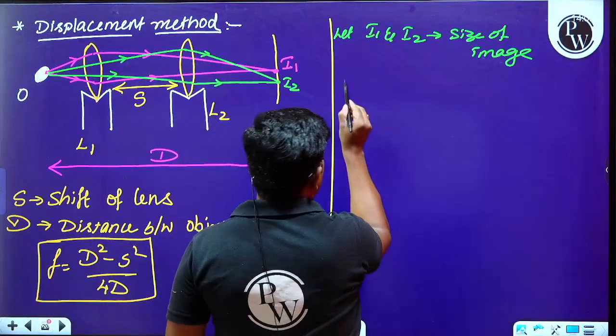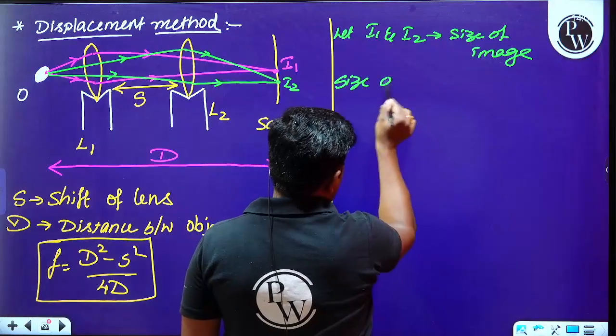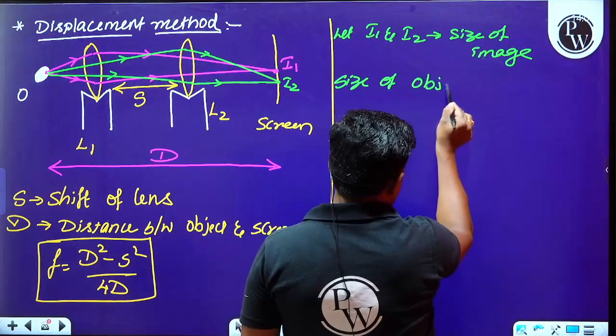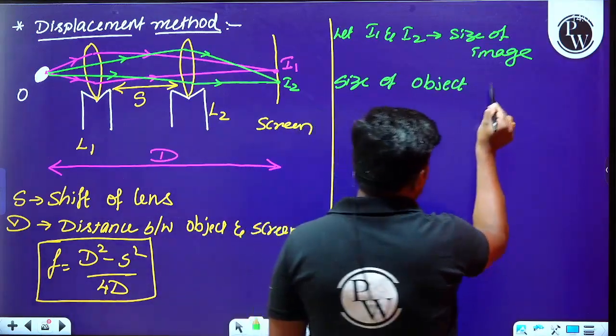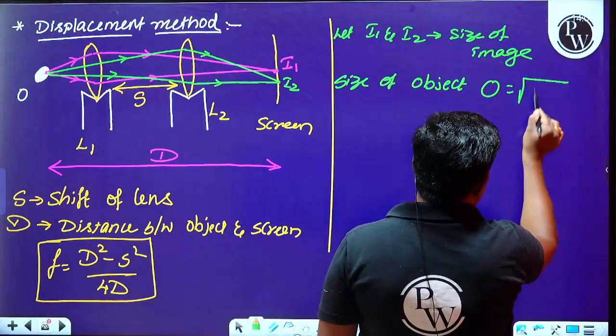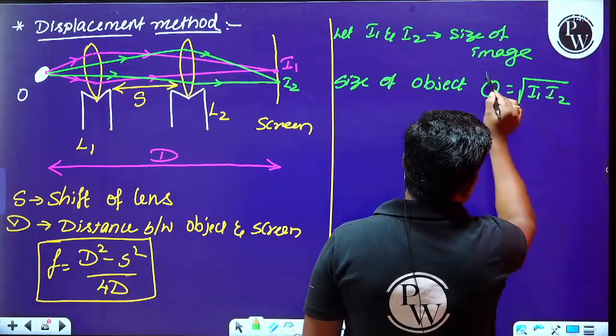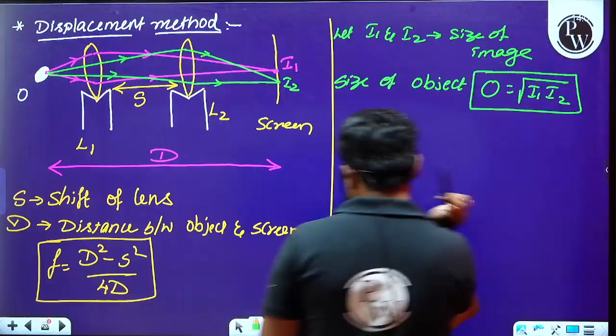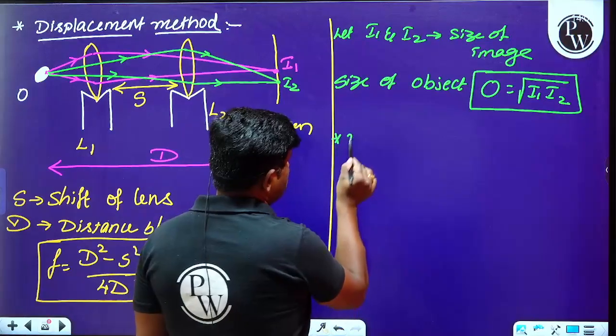Then the size of the object O is always equal to root of I1 into I2. Is it clear?